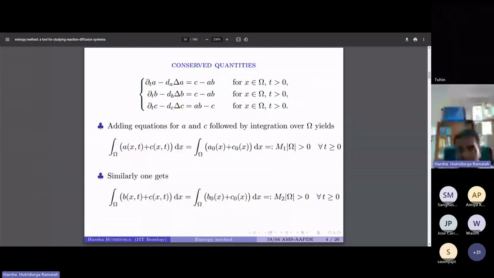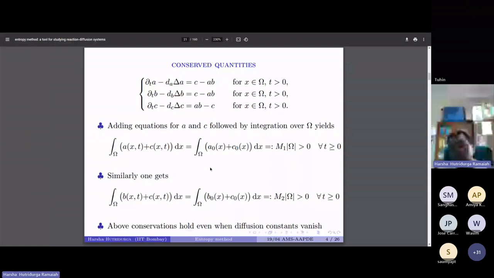They will be used very frequently in the remaining part of this talk. So once you give me the initial concentrations A0, B0, and C0, I can uniquely define these 2 constants m1 and m2. They are well defined. Okay? And in fact, the diffusion constants being non-negative is good enough here. In fact, even if they vanish, these conservation properties are still true.